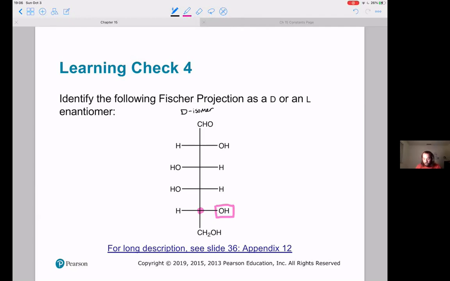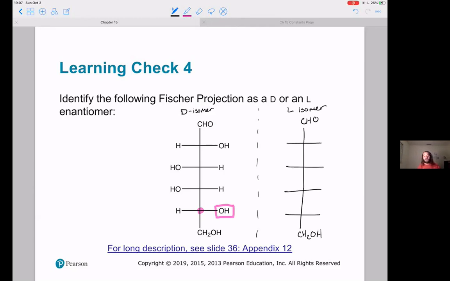Okay. One other thing that we can do just to make sure that we understand is, what if I said, okay, great, that's the D isomer, draw me the L isomer. Remember, you're going to need to flip all of those chiral centers, rotate, swap those groups. So the top stays the same. The bottom, our last achiral carbon, we're not going to represent in this skeletal structure.